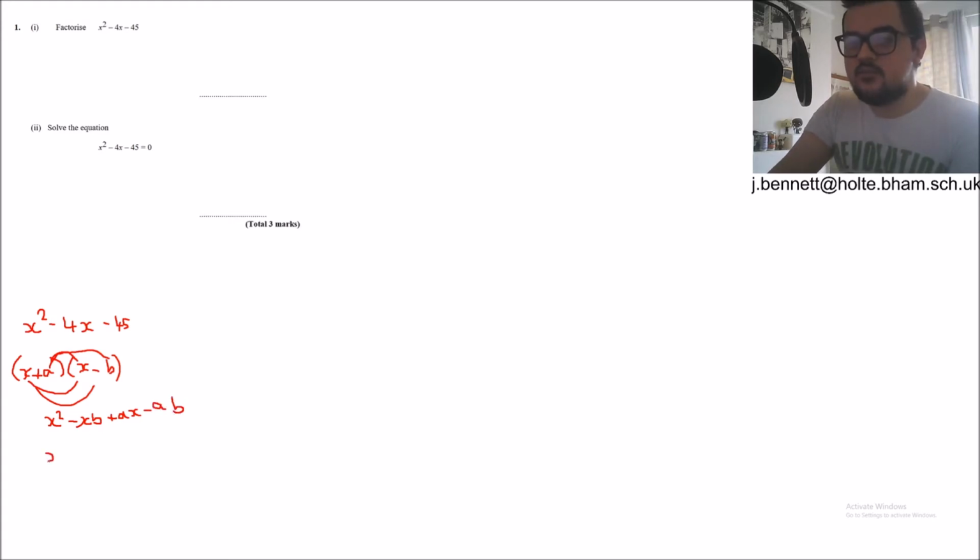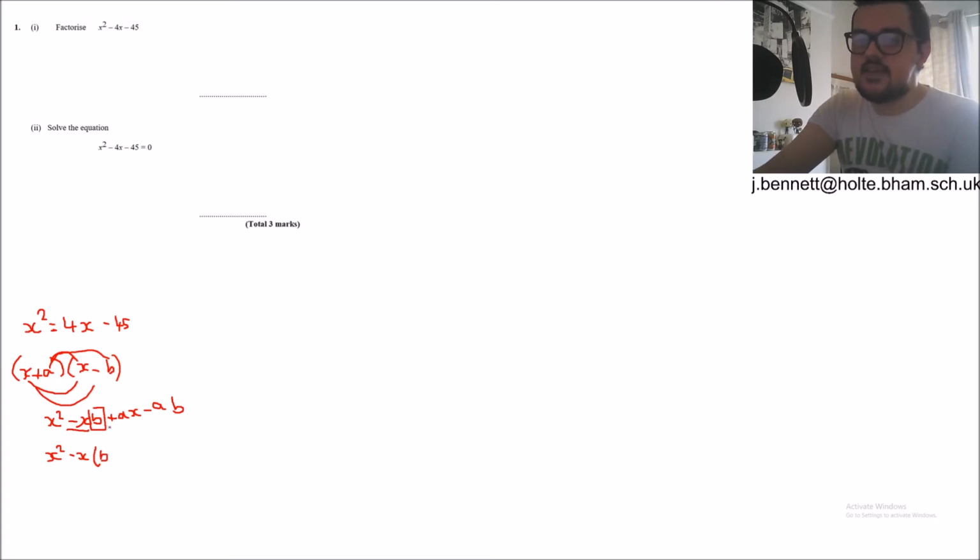Now if we tidy this up a little bit, so we get it in the form of a quadratic equation, ax squared plus bx plus c, that kind of thing, we have x squared. Now this thing is a minus, so let's make ours look like a minus as well. Minus x brackets. When we take minus x out of minus xb, we're left with just this b, so we put a b here.